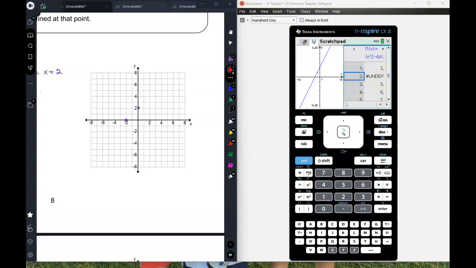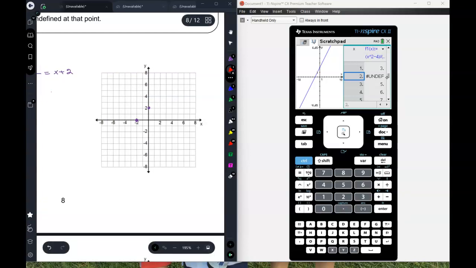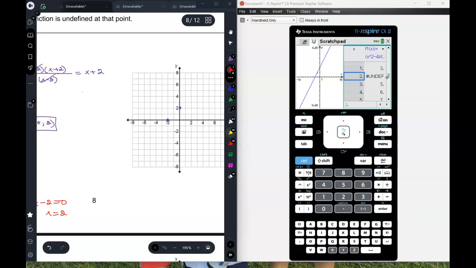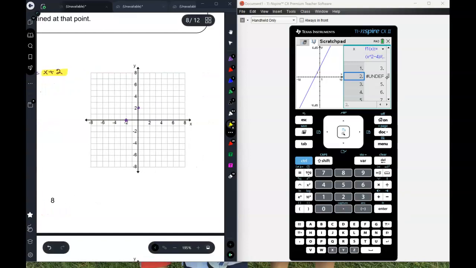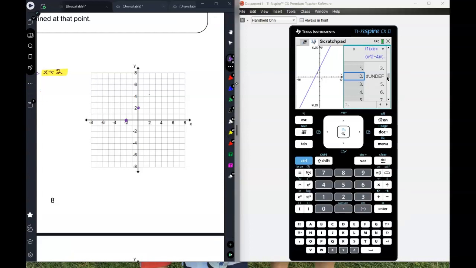If this wasn't a removable discontinuity and you put 2 in there, what would the y have been? 4, right? If you put x equals 2 in there, wouldn't that give you a 4? So at 2 and 4, there is a little puncture.